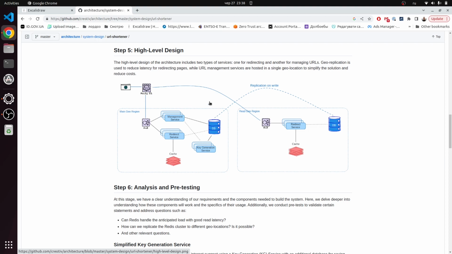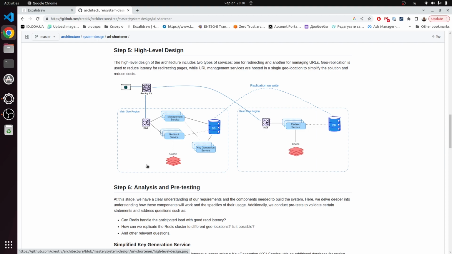We'll break our services into two: management service and redirect service. Management service is for adding and administrating the URL by the user, viewing the statistics and things like that, and redirect service will be used only for redirecting the user from the short URL to the original URL. Also, we will not replicate the management stuff to our geo regions, maintaining it only in the main region.